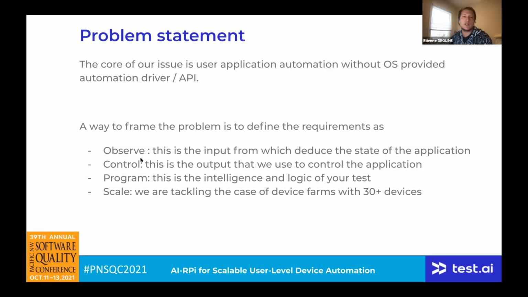So we want some sort of business logic or intelligence or AI, something that will drive the rest of the stack. And then we want to scale. We want to do this in a way that's kind of cheap and efficient to scale so that we can tackle some hard problems.